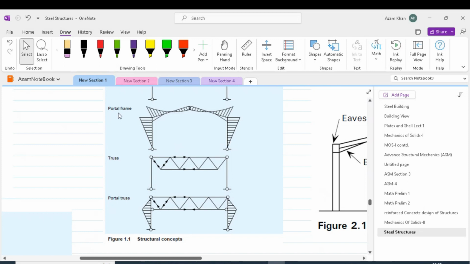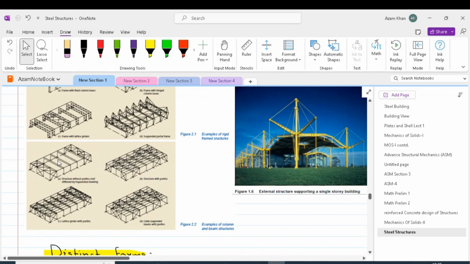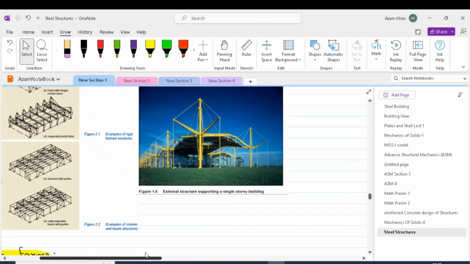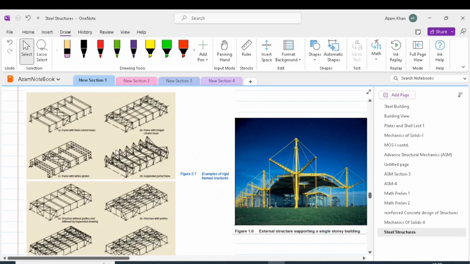The examples of portal frame and portal truss can be options of rigid frame structures. In the last four figures, we have the single frame structure concepts. The single frame structure concepts are frame 1 and frame 3, which are the simple beam frame and the truss frame.